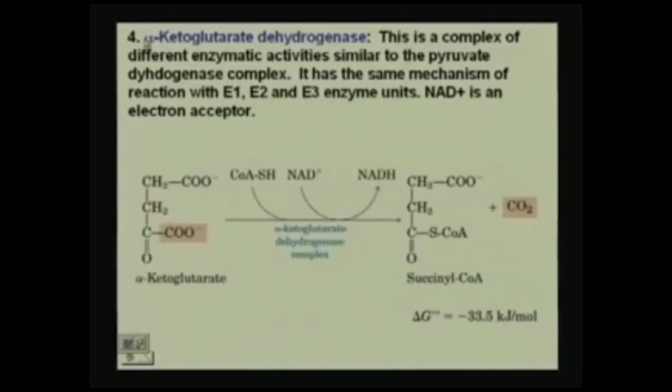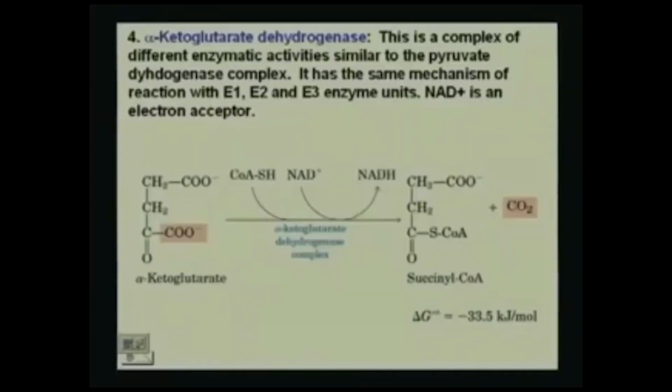The fourth step is alpha ketoglutarate dehydrogenase. Again, we have NAD plus and NADH. Now NADH is being formed here, and later on, when I show you the whole cycle, we have to keep count of how many NADH are being formed, how many FADH2 are being formed, and how many ATP are being formed, because that is going to tell us how much energy we are going to get.